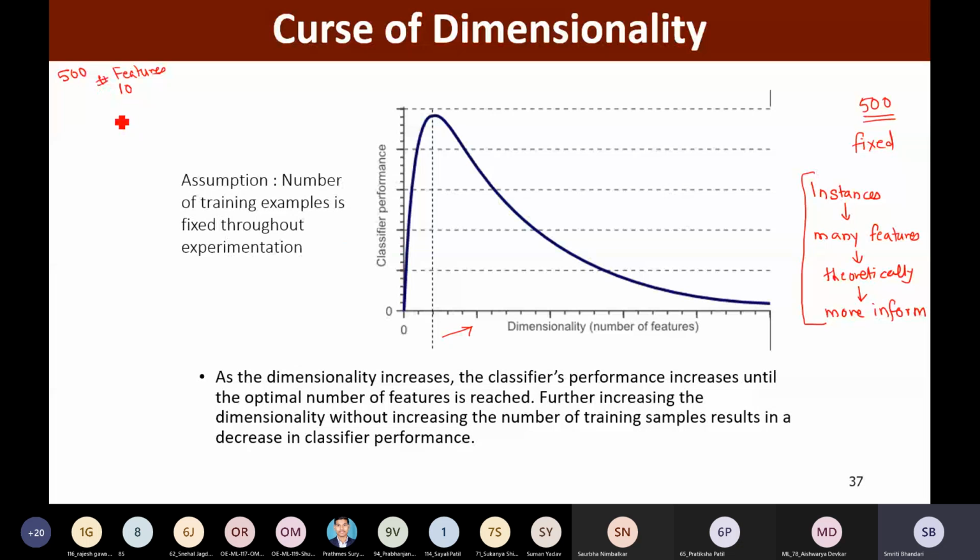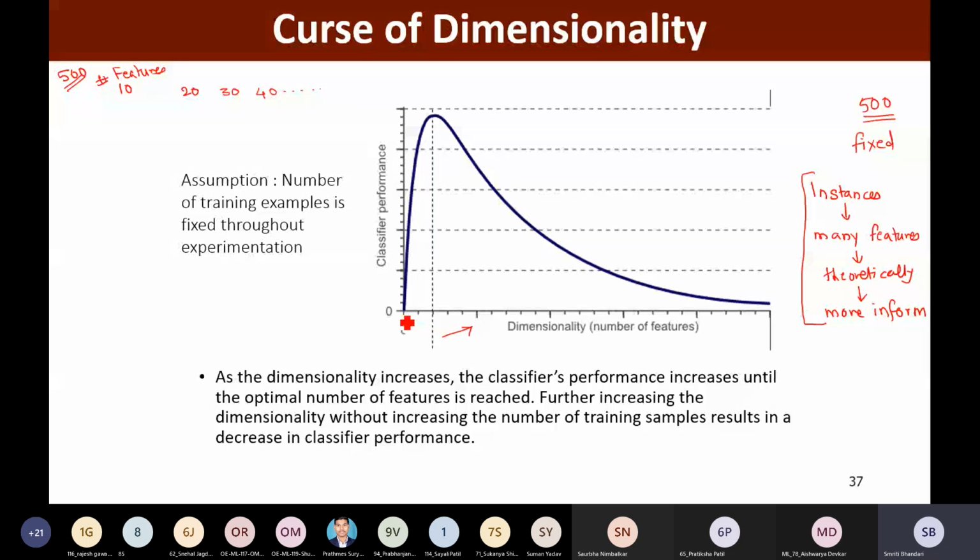So number of features are 10. Then we are having the same 500 examples, but we have added few features. And now the experimentation is carried out with 20 features. Suppose we go on increasing the number of features, say 10, 20, 30, 40 and so on. Right? The number of training examples remains same.